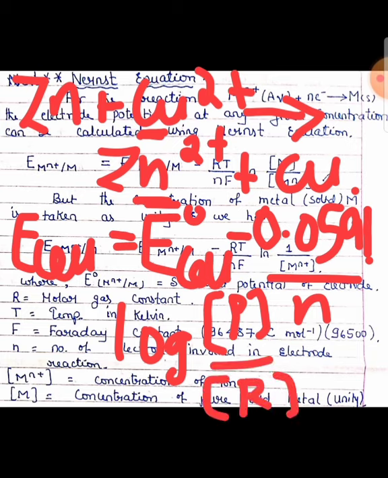So here zinc is losing 2 electrons by oxidation and copper is gaining 2 electrons by reduction.